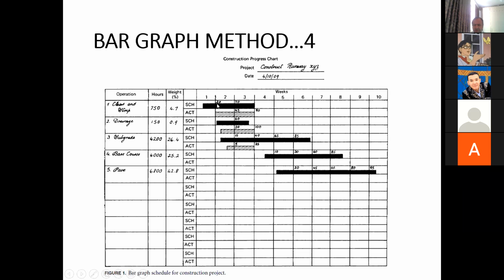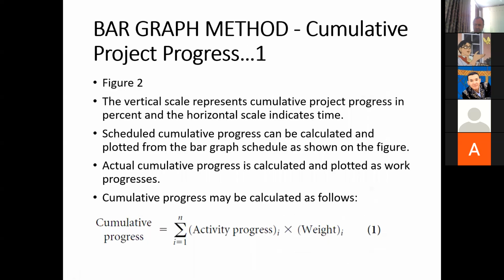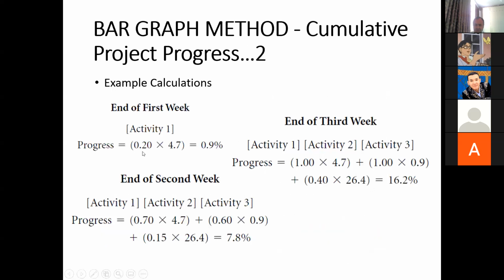This activity was scheduled to be 20% complete, and this activity is 4.7% of the whole project. So 20% of 4.7% is the overall progress of this project. So 20% of this 4.7% is 0.9%. That means the overall progress on the project is 0.9% at the end of the first week.